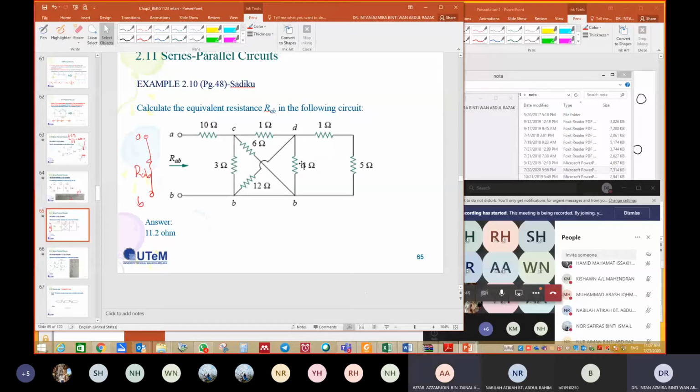And then 6 parallel with 4, right? Yes, 6 parallel with 4. So 1 plus 5 is equal to 6, and then it is better to write the name of the resistance. Okay, RB is equal to 6, this 6 parallel with 4.